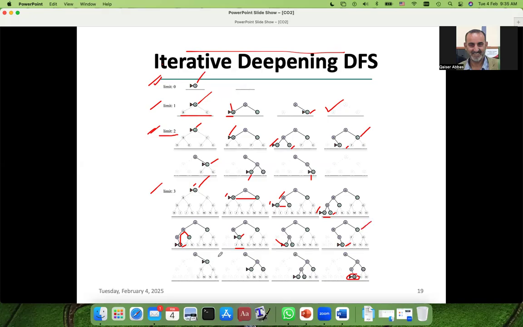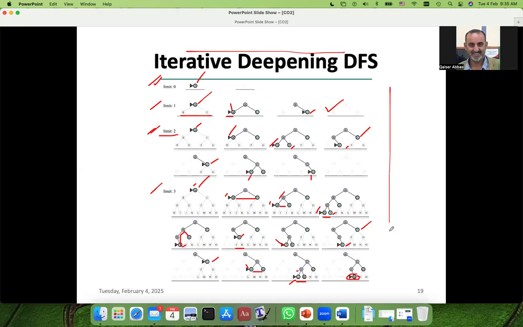We will check the C. Expansion is possible, so we will expand first, introduce some new nodes in the frontier, and then we will check from the left. We will select F. Further expansion is possible: L and M. Here we are checking, is L the goal node? No. Is M the goal node? Yes. Then the algorithm is taking exit from its structure, because it is a goal node.